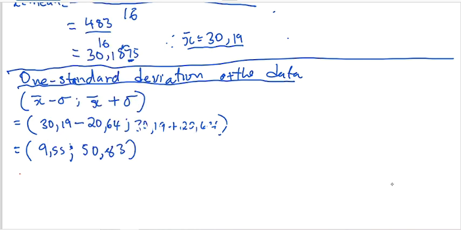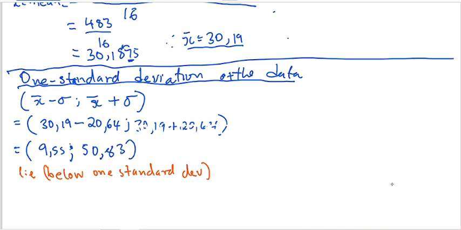The first term, they will say how many data lie within, or they will say lie below one standard deviation. So I want to say lie below one standard deviation.